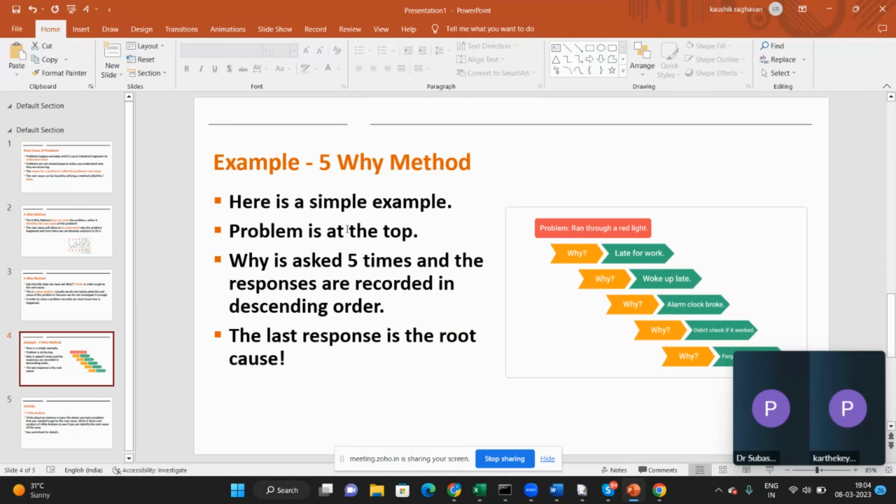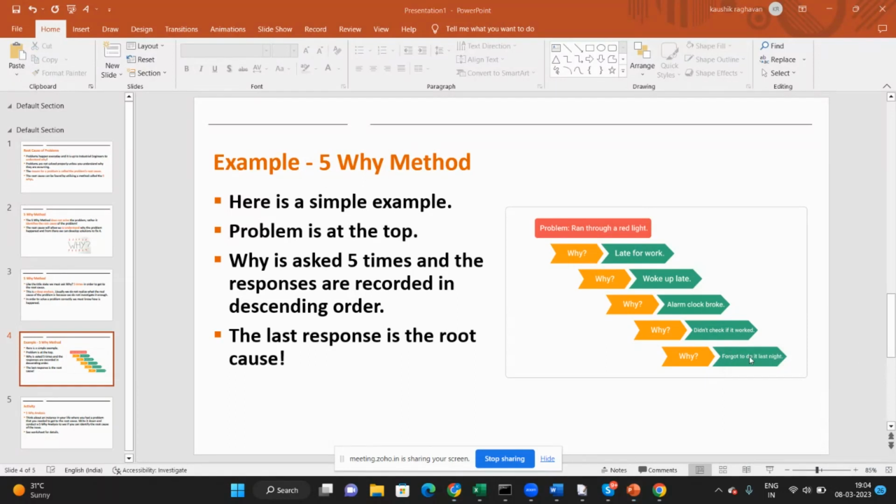If you identify the primary cause of your problem, this forgetting to prepare last night, and attack this, a higher percentage of the problem's impact will start coming down.